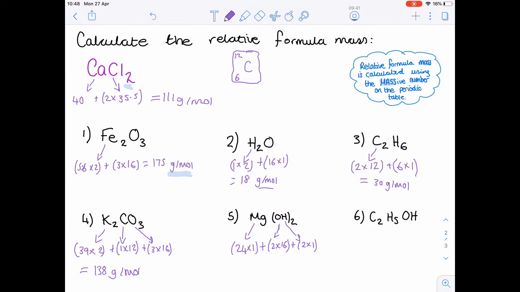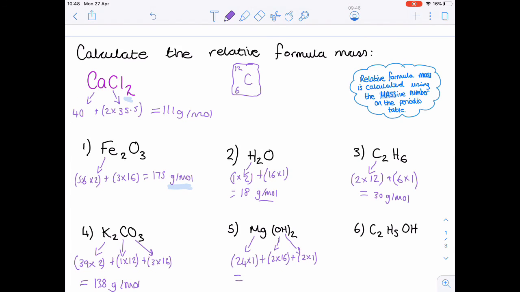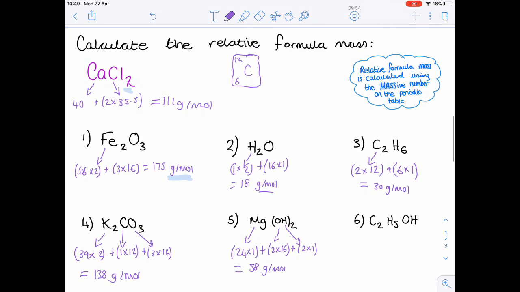Big number for hydrogen is 1, therefore your total of this one is going to be 58, and the units, don't forget the units, are grams per mole.